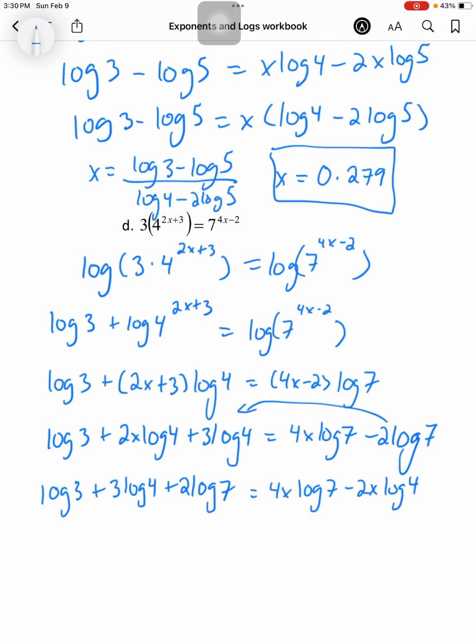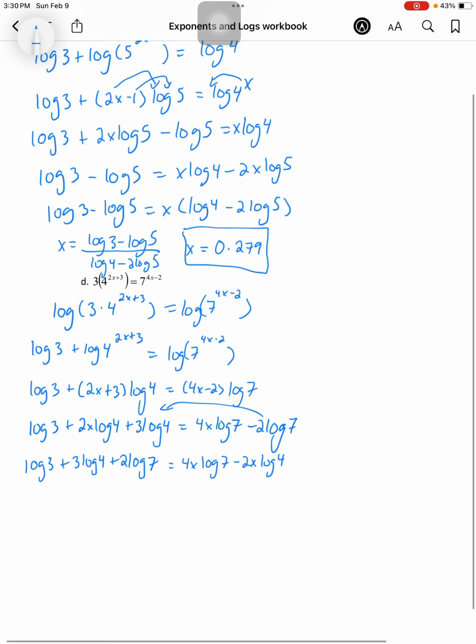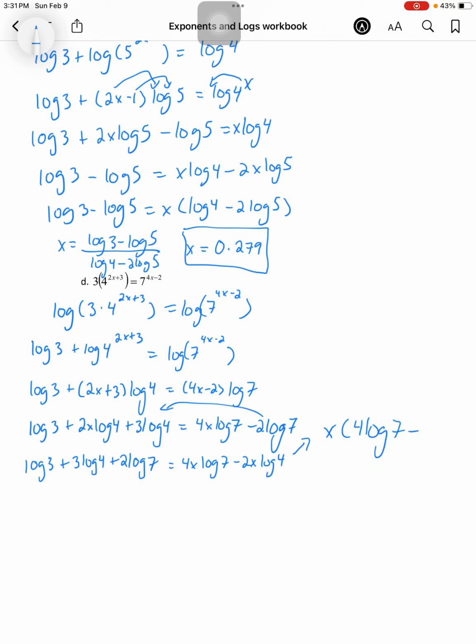So your last step, well, I'm running out of room, so I'm just going to run on the side here. That you factored it out, it's going to be x(4 log 7 minus 2 log 4). So now we get log 3 plus 3 log 4 plus 2 log 7 all over this bracket here.